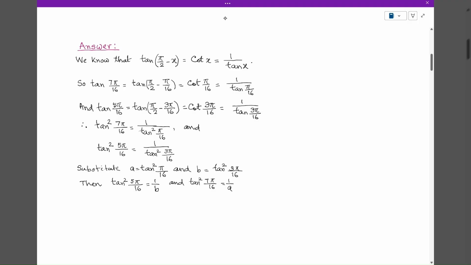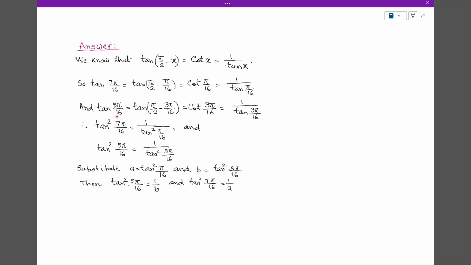We know that tan pi by 2 minus x is equal to cot x, that is equal to 1 by tan x. So, tan 7 pi by 16 is equal to tan pi by 2 minus pi by 16, and that is equal to cot pi by 16, which is same as 1 divided by tan pi by 16.